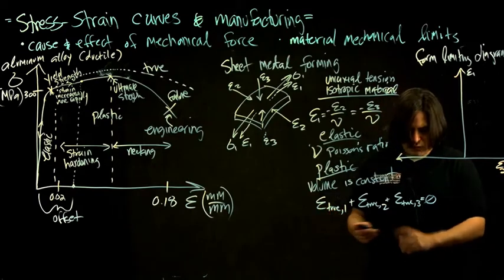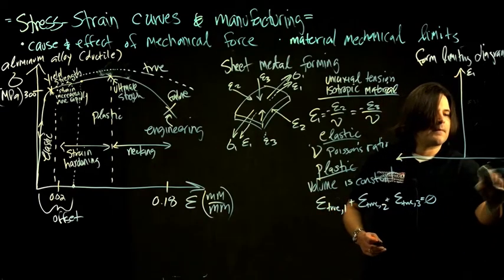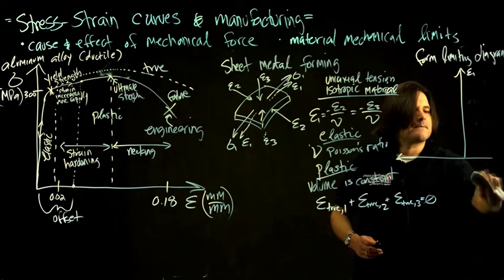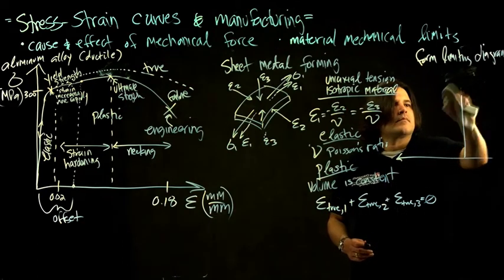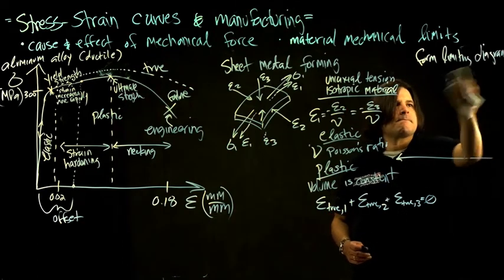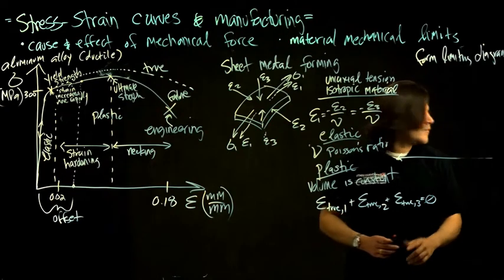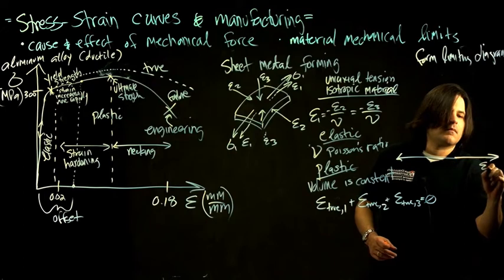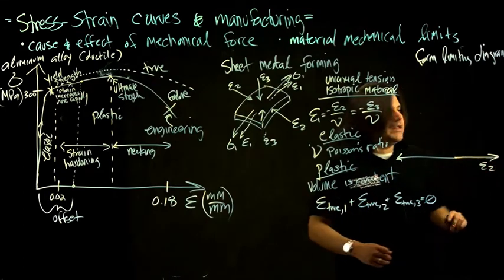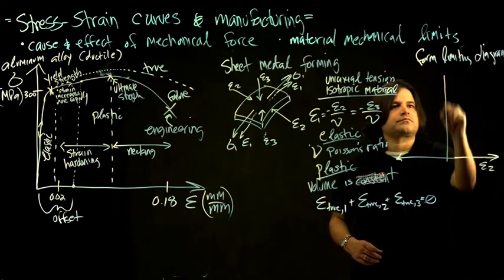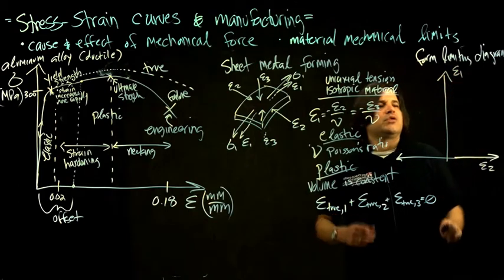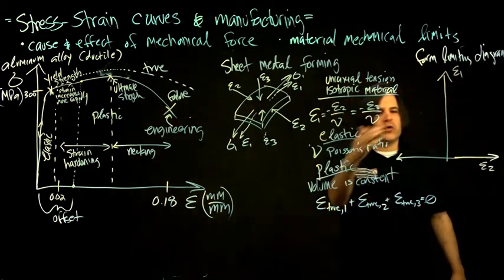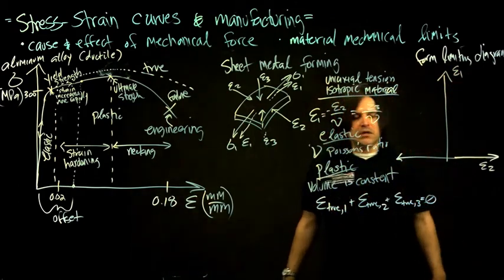So this is E2. So that would be E2, strain 1 and 2. The third one is fixed if these two are known.